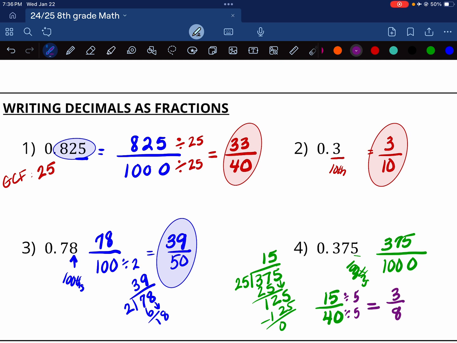So our real greatest common factor would be 25 times 5, which is 125. That's the real greatest common factor.